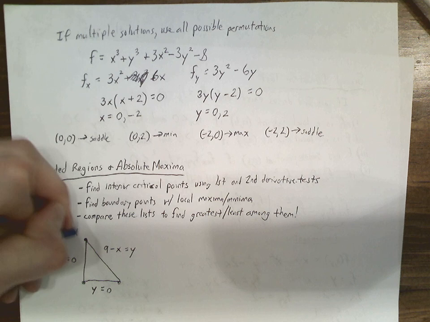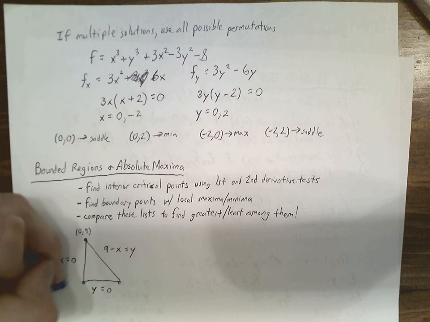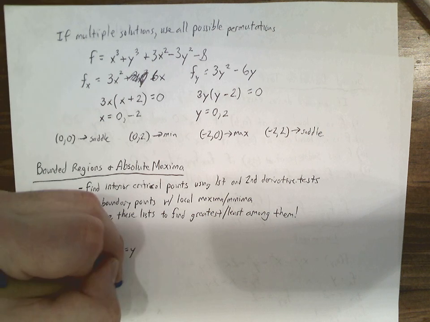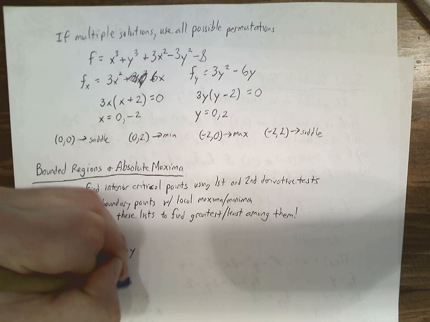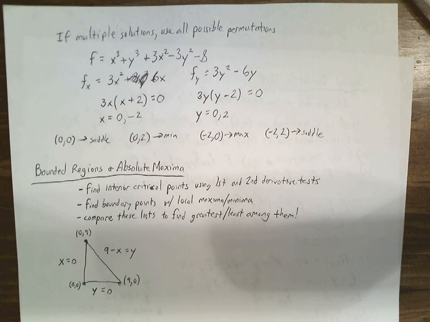So that means we have this endpoint here, 0, 9. We have the origin, 0, 0. And then we have this point here, the x-intercept. We can set y equal to 0, and this is going to be 9, 0.